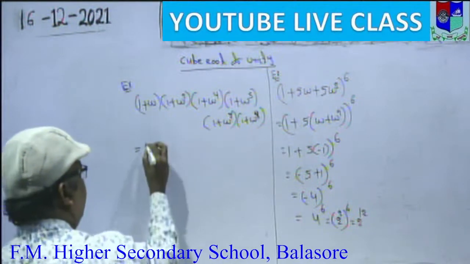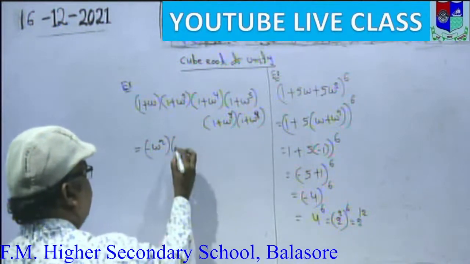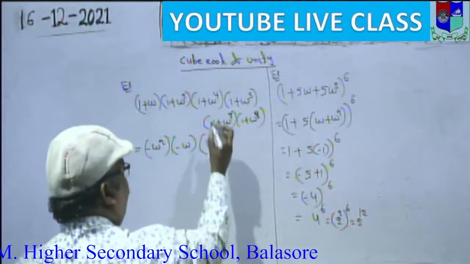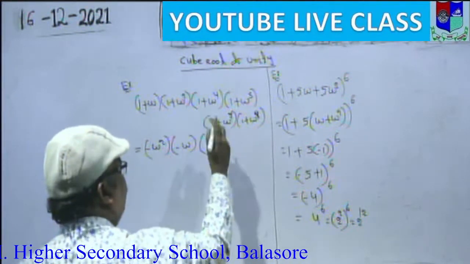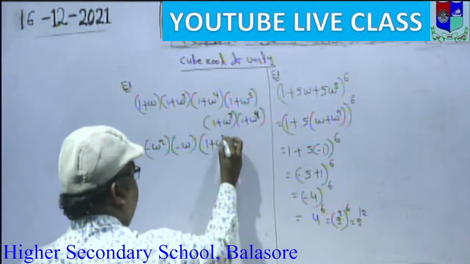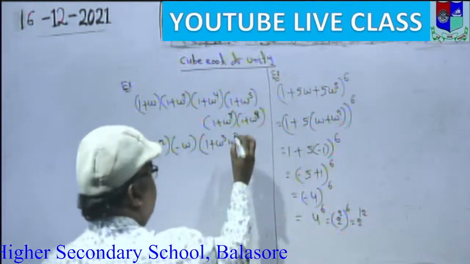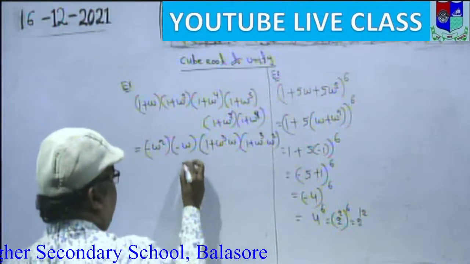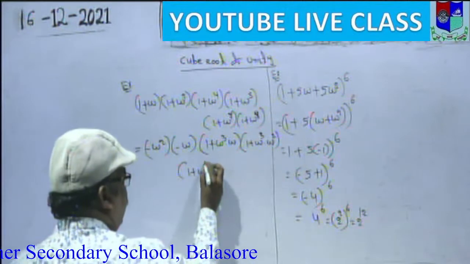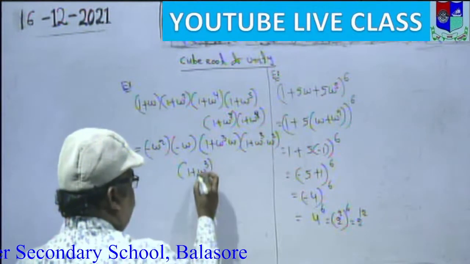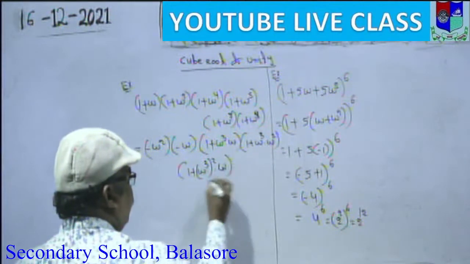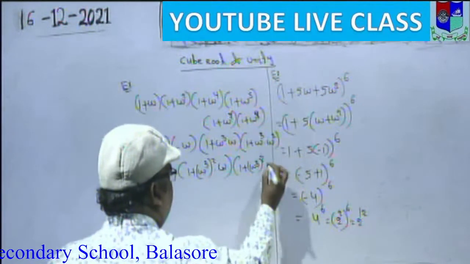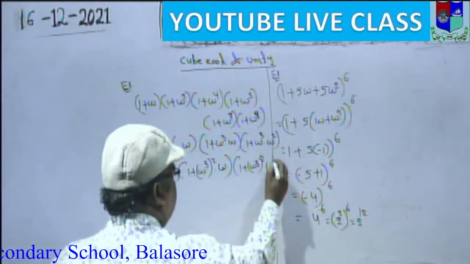So now we know it is minus omega square, it is minus omega. We know omega fourth means omega cube into omega. Again it is 1 plus omega cube into omega square. Again 1 plus omega cube square means omega 6, omega, and 1 plus omega cube square into omega square.